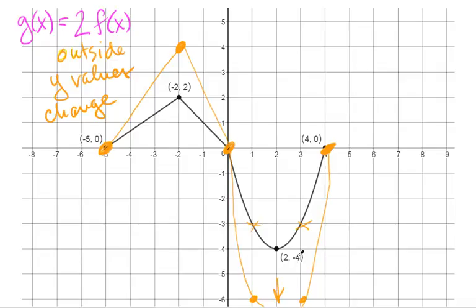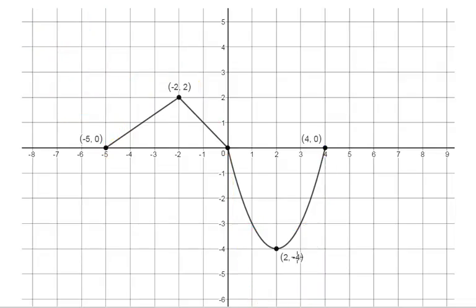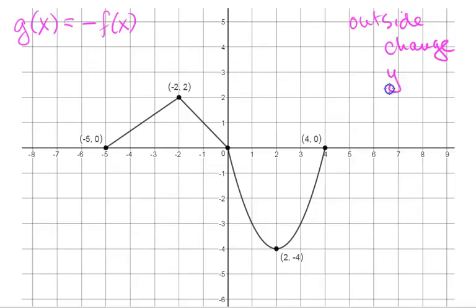Okay. A reflection. This reflection is outside the parentheses. So since it's outside, I change y values only. And I'm going to leave the x values alone. 0 multiplied by negative 1 is still 0. 2 multiplied by negative 1 is negative 2. I've got a 0 that stays in place there.